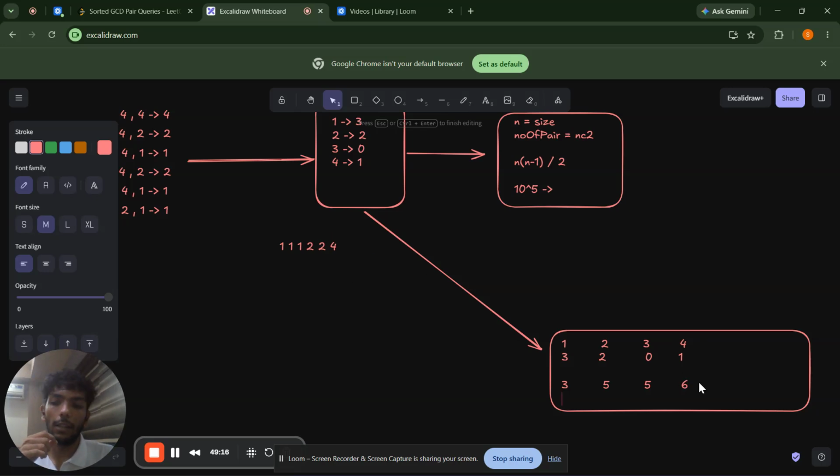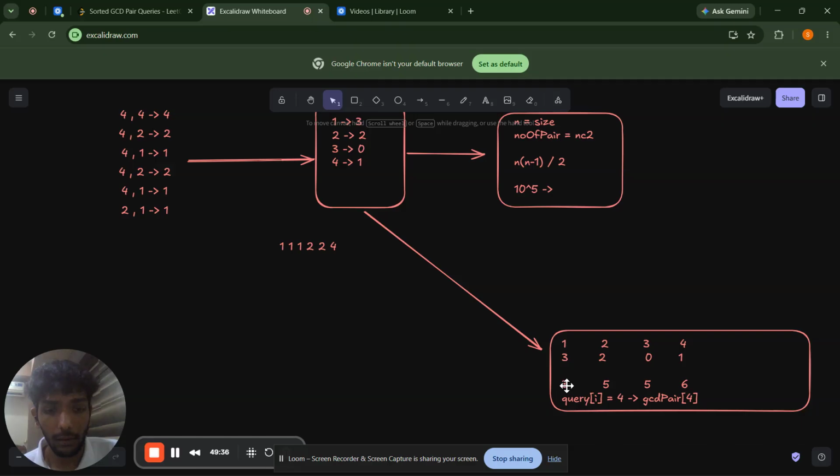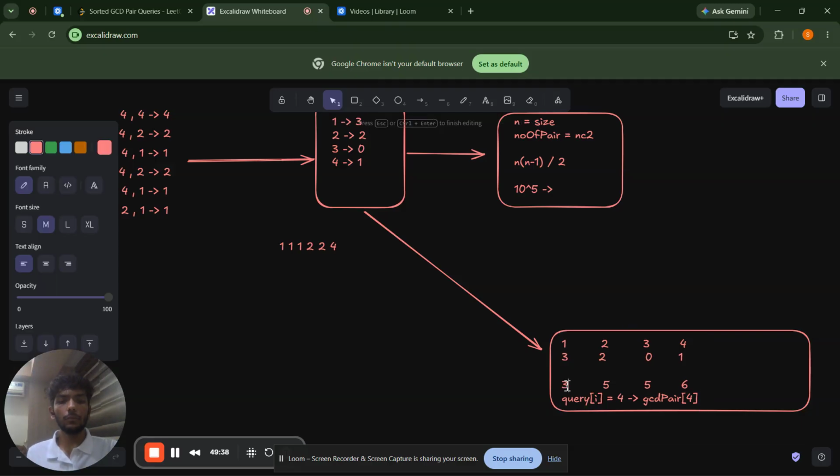Now someone tells me that query of i is 4. So I need to find the answer at GCD pair 4. But we do not have an array. We have a prefix array like this. So think like till this index, only 3 pairs were encountered, and the GCD was 1.